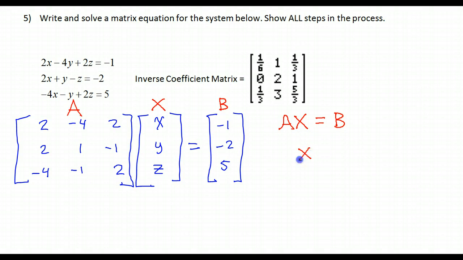Then X will equal A inverse times B. Everything I just wrote in red, you must have on your paper. Do not leave this out. The labeling and these equations showing what we're doing. This is the shortest way possible, but this is part of showing your work. Without it, if you just skip straight to the scratch work, even if you come up with the right answer, you're going to lose half your points. So do not do that.